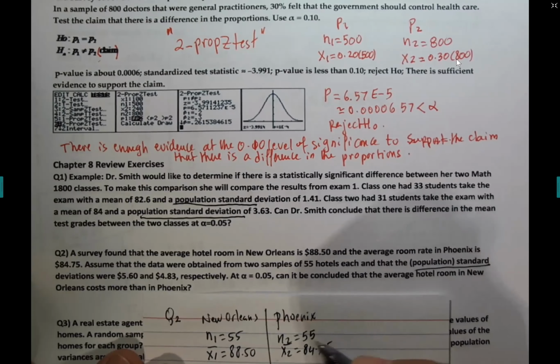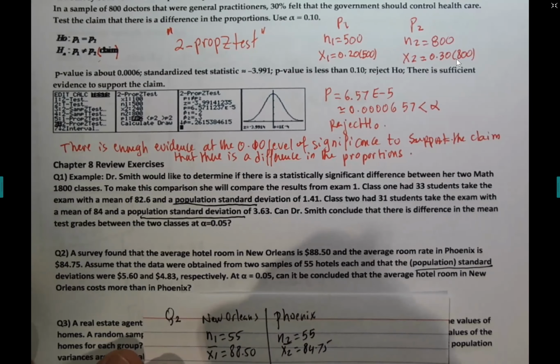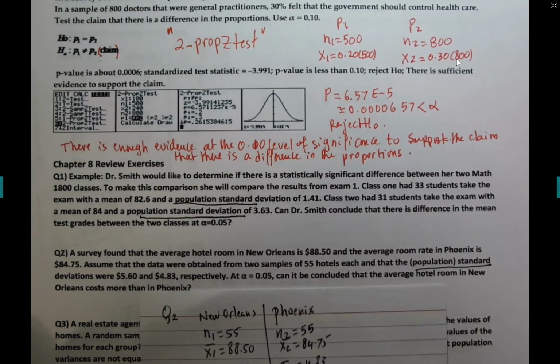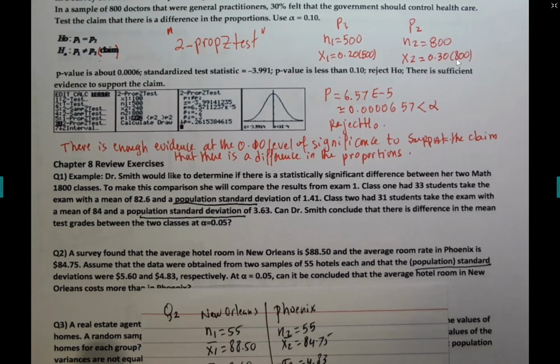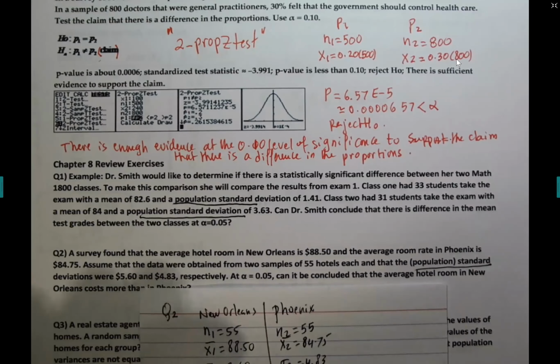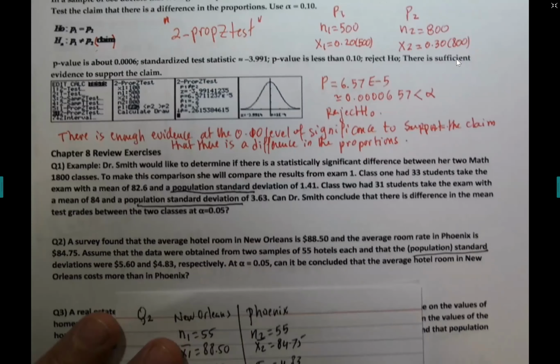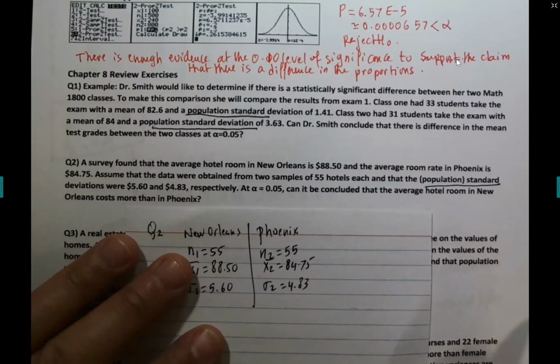And we have sigma 1 is 5.60, and sigma 2, guys, is 4.83. And if you ask me again why I put sigma and not S1 and S2, it's because he says population standard deviations. Can you move your paper up, please? Yep, of course. There you go.